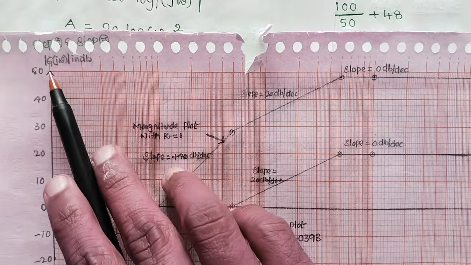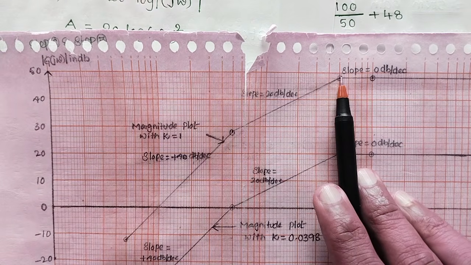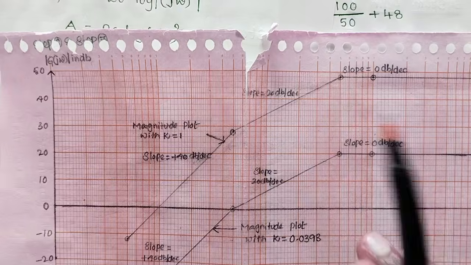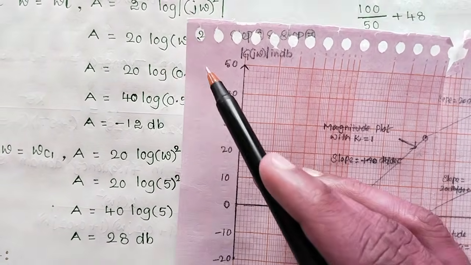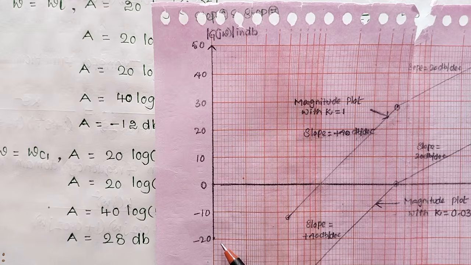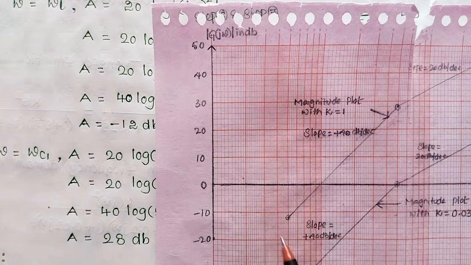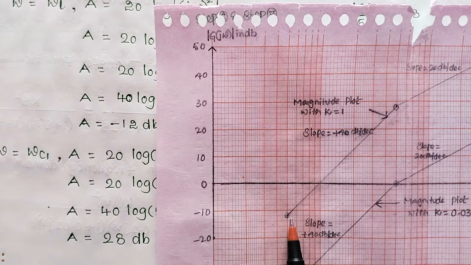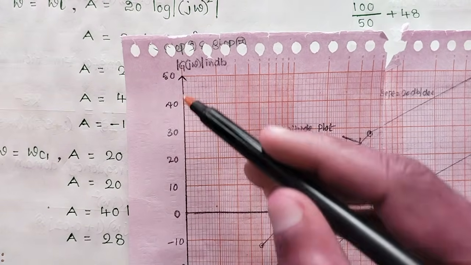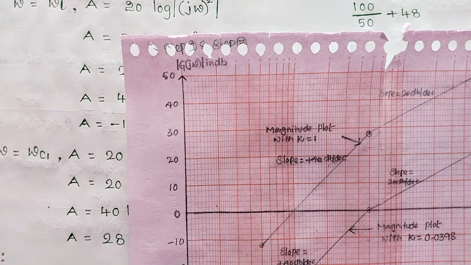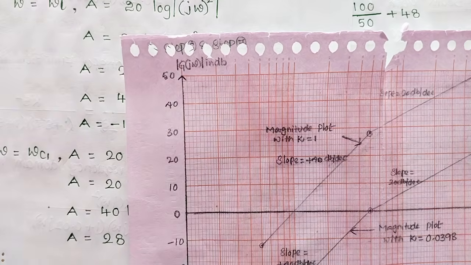So this is 50, and 48 decibels is the highest value. That's why I am taking the scale from minus 20 decibels to 50 decibels. The lowest value is minus 12 dB and the highest value is 48 dB.